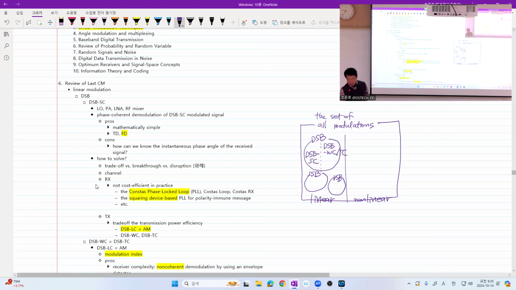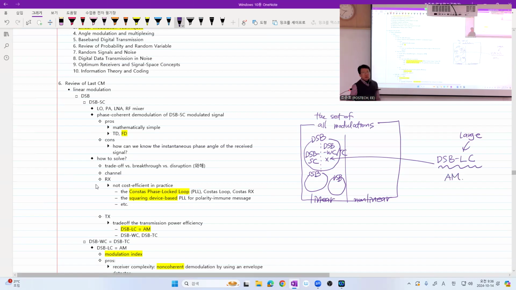And within this DSB with carrier, there is something called DSB with large carrier. This L usually means large. And a nickname for this is AM, unfortunately.